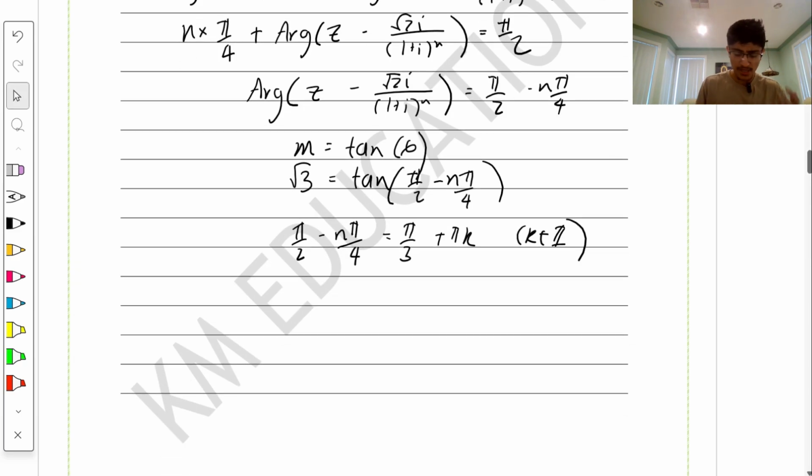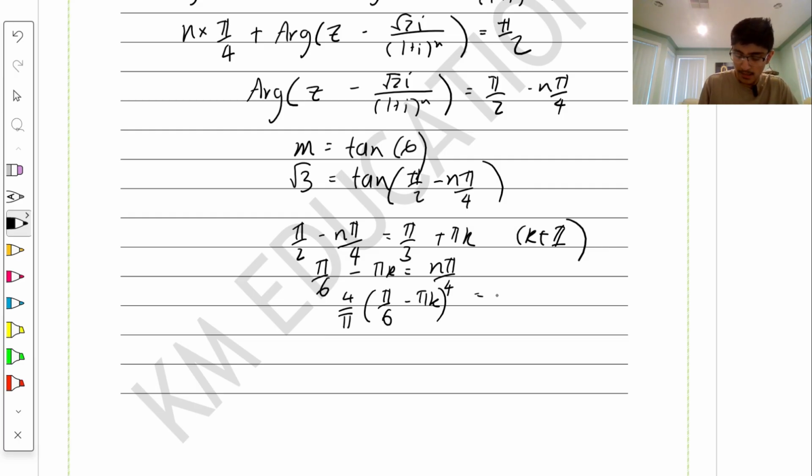I can then rearrange everything around a bit, so I'll get pi on 6 by doing pi on 2 minus pi on 3. Can take the pi k to the other side and n pi on 4 to the other side. Can multiply both sides by 4 over pi. And we end up getting n is equal to 2/3 minus 4k, where k is an integer.